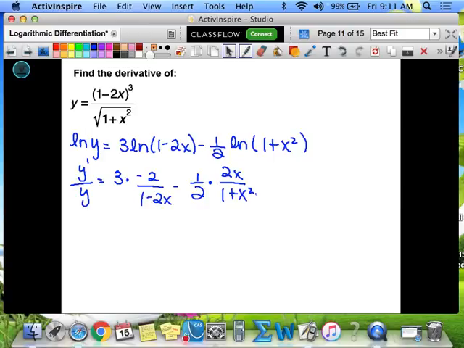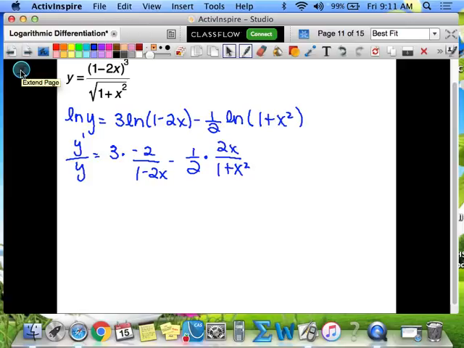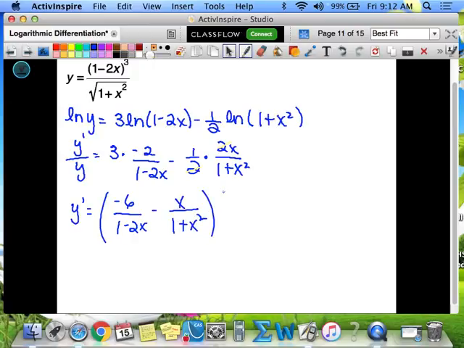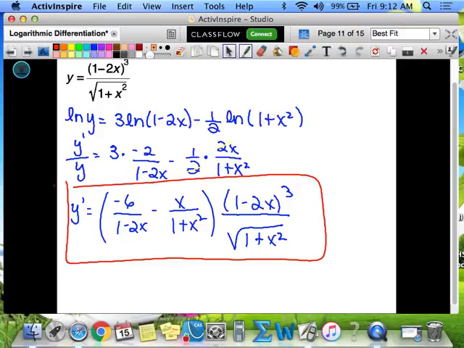And then the constants just hang out in front.